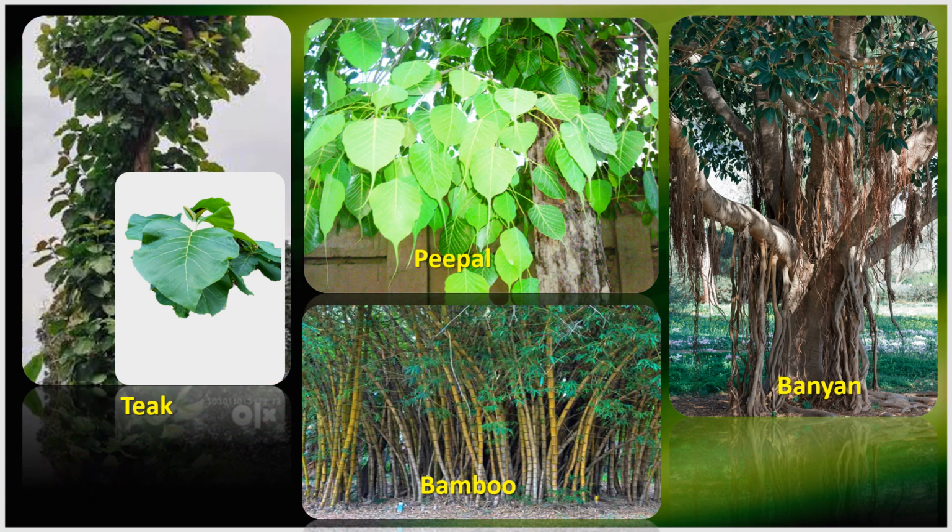Now, we need to make a note that these trees are shorter than those found in the tropical evergreen forest. They do not occur too close to each other. These trees have long roots, and these trees are of great economic importance.